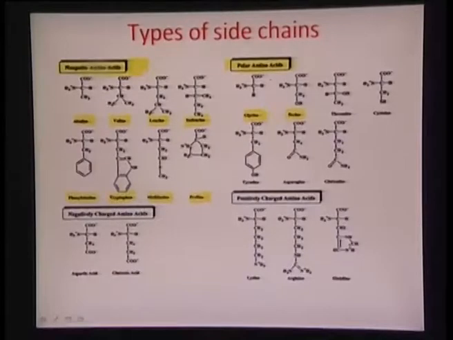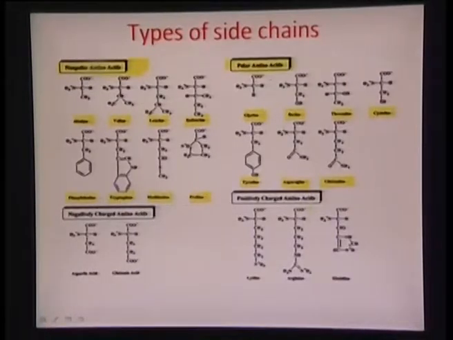That's why polar. The R groups have different names like glycine, serine, threonine, cysteine, tyrosine, asparagine and glutamine. These are some of the polar amino acid groups.